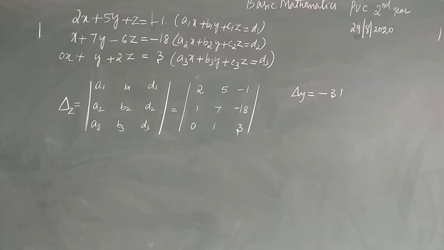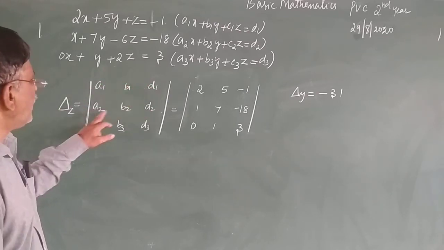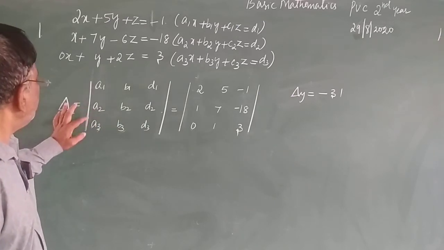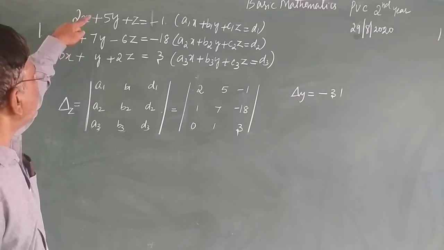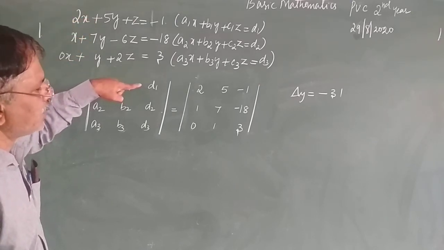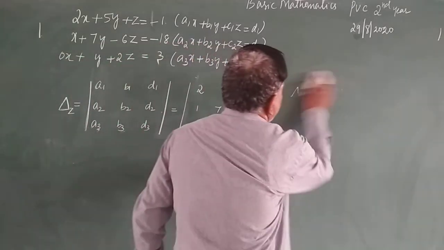Next, we are supposed to find delta z. So delta z is equal to what? A1 B1 D1, A2 B2 D2, A3 B3 D3. So we have A1 A2 A3 as what? 2 1 0. Then B1 B2 B3 as 5 7 1. And D1 D2 D3 as minus 1 minus 18 as well as 3. So we need to find delta z.